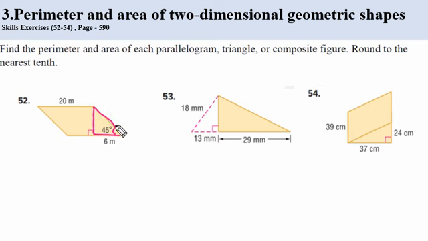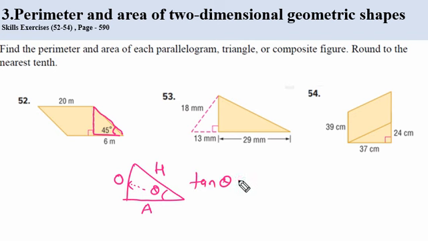This angle is 45. If you remember, if you have a triangle and this is the angle, then this side is opposite, this is adjacent, and this is hypotenuse. Now for this one, tan theta is equal to opposite over adjacent. We have studied this in the previous term.